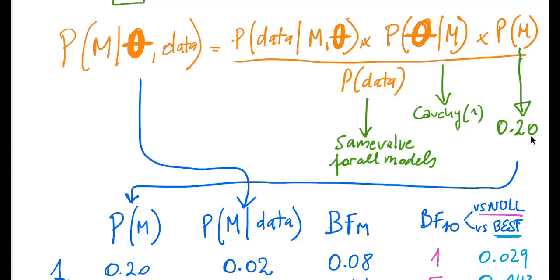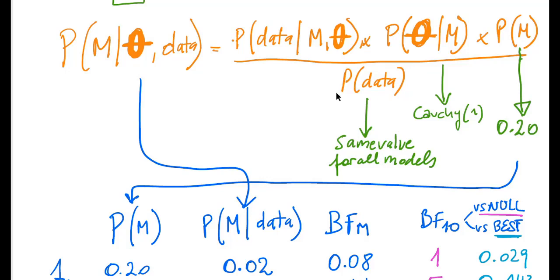The total probability of 1 has to be distributed equally among the 5 models, so it's 0.20 for each of the models. Now, the probability of the data is the probability of the data regardless of the models. So this is like a combination of the probabilities of the data of all the models. So this value will be the same in all the models, so we can safely ignore that value when we compare the models.